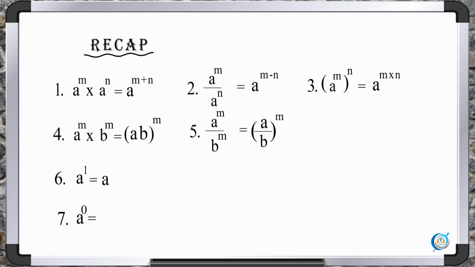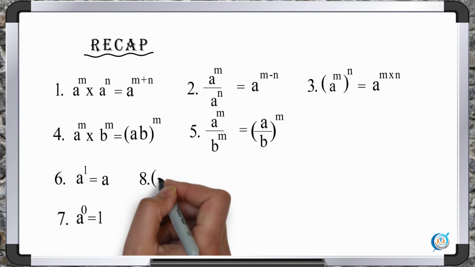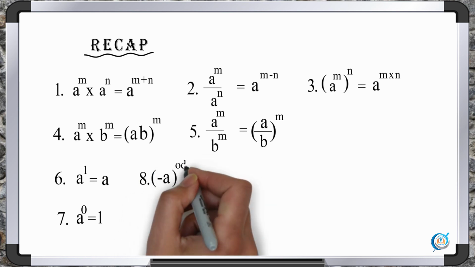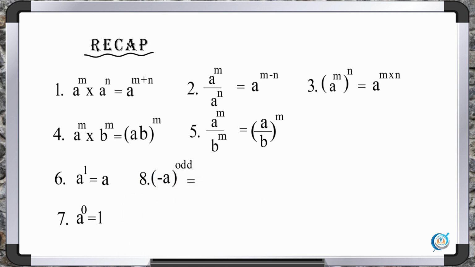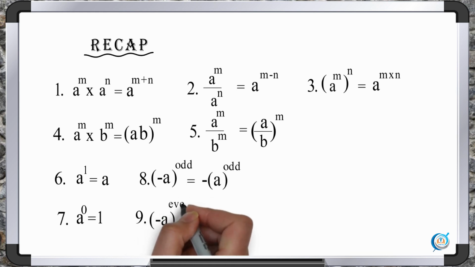A power 0 will be equal to 1. And eighth one, if the number is negative, (minus a) power odd number will be equal to minus a power odd. And finally, (minus a) power even number will be equal to a power even number. That is, the final answer will be positive.